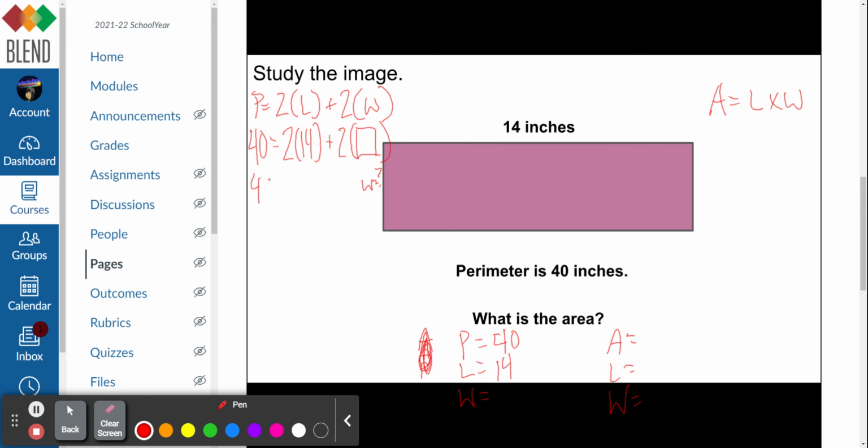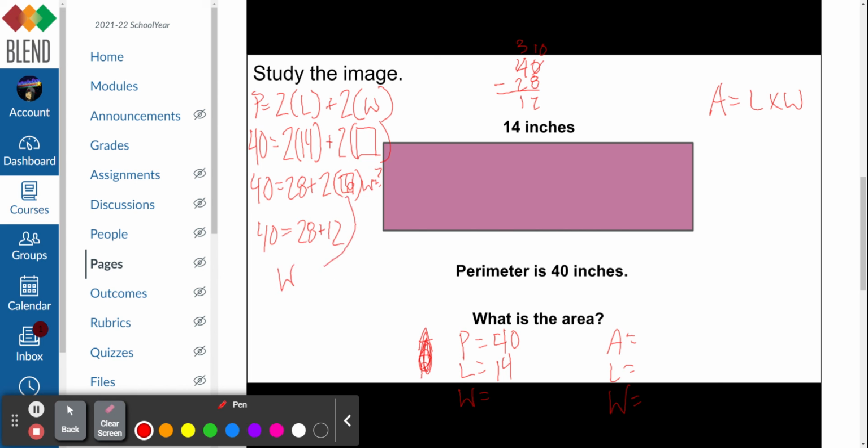So now we're looking at 40 is equal to 28 plus 2 times something. All right, so now we need to think how much of a difference is there between 40 and 28? So 12. So 2 times something equals 12. So what times 2 equals 12? If we put a 6 in the box, that should make our statement true, because 28 plus 12 does equal 40.